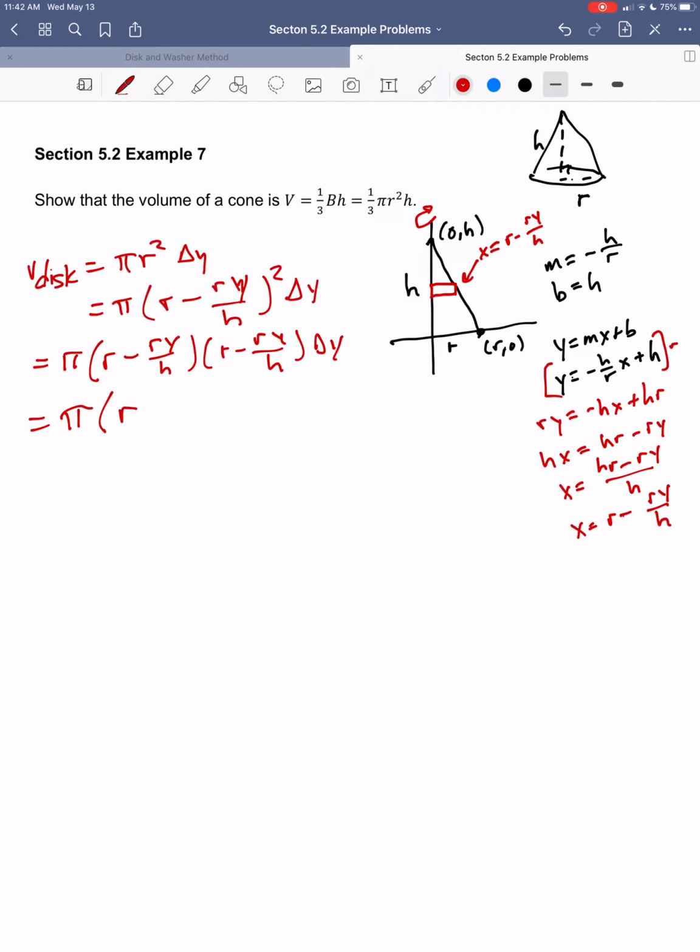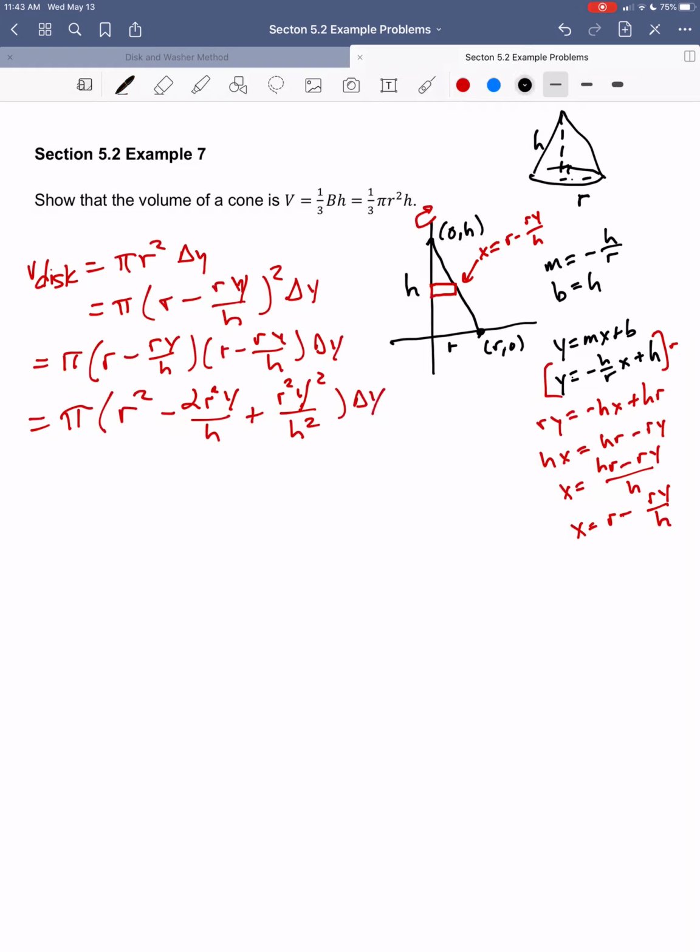So r times r is going to be r squared. We're going to get r squared y over h twice. And then we're going to get r squared y squared over h squared, delta y.